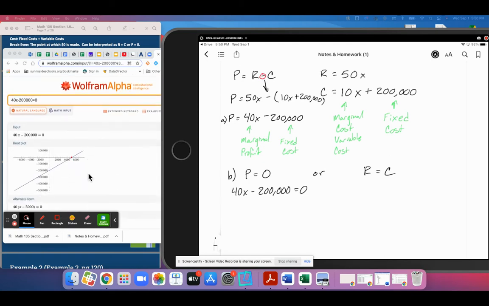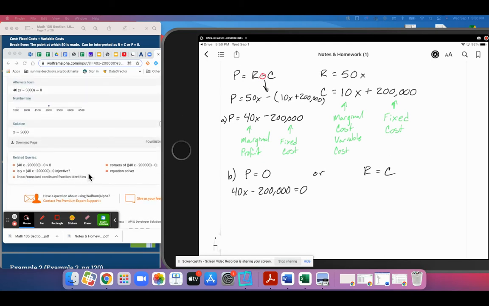That's going to let us know that x is 5,000, meaning that we must produce and sell 5,000 MP3 players to break even. That means we haven't made any money yet. To make money, we have to sell 5,001. Then we will make 40 bucks.